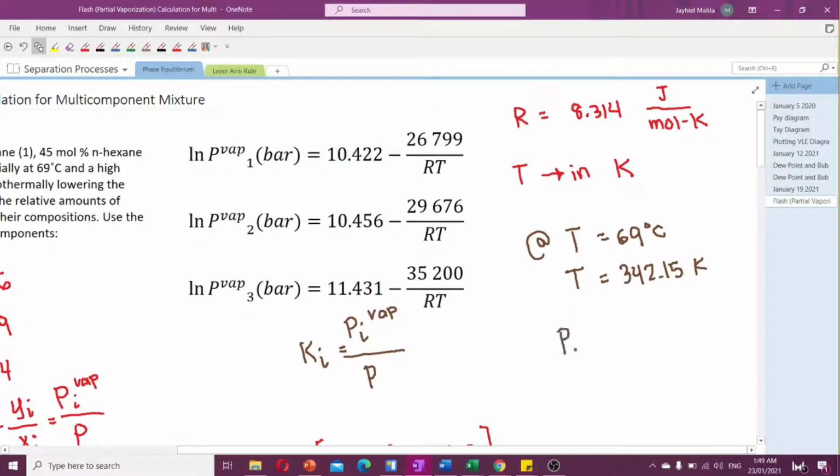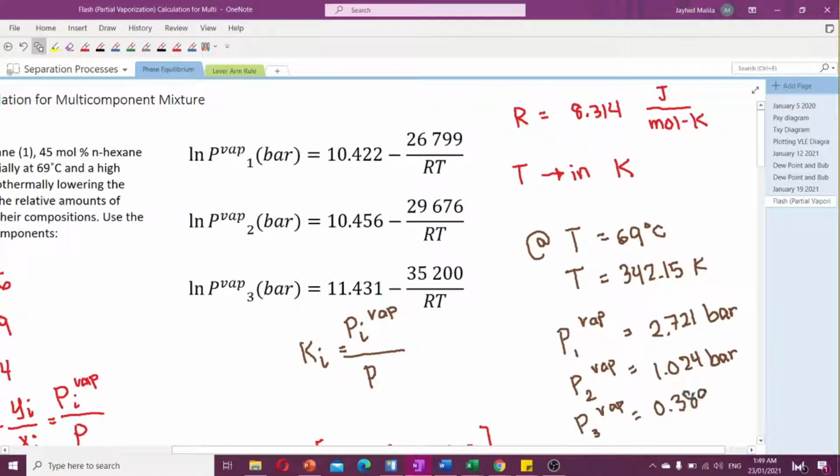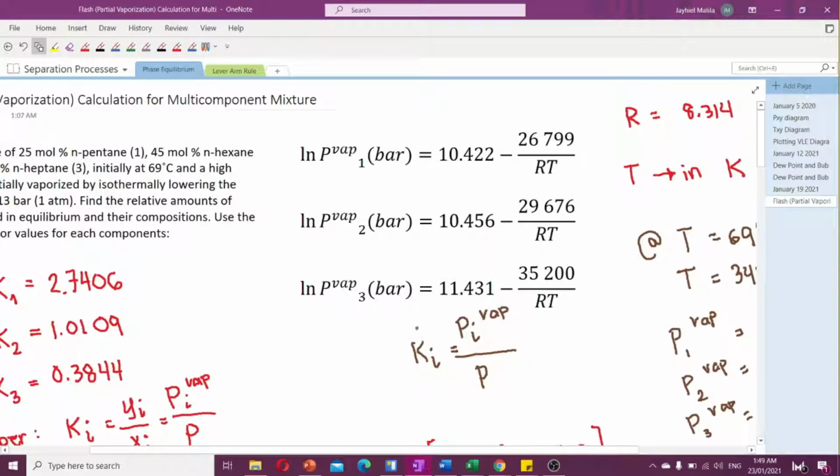I have solved it already, and the values are: P1 vap is 2.721 bar, P2 vap is 1.024 bar, and P3 vap is 0.389 bar. As for solving the K values, I used the formula Pi vap over P and substituted it here. You can try it by yourself.